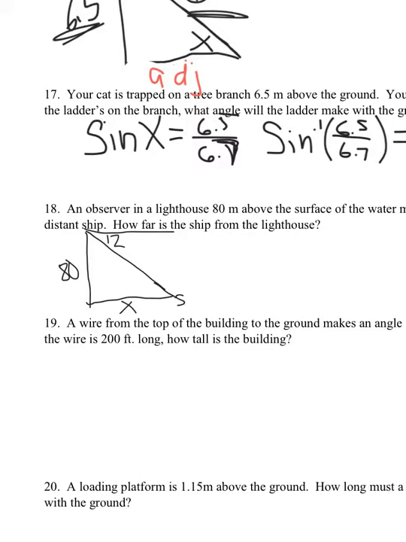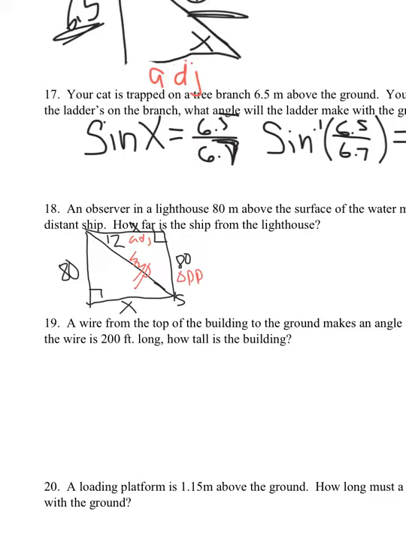So again, like that problem earlier, we encounter the problem that when we set this up, our angle of depression is in this right triangle above, and the information is in the bottom. So again, we can just put 80 there, x on top, opposite, adjacent, hypotenuse.